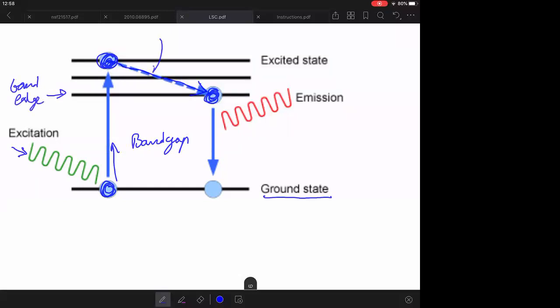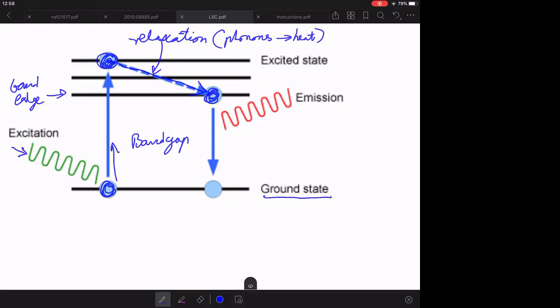Now this process is called a relaxation process, and it happens extremely fast. This is a quantum mechanical process where essentially energy is lost in the form of phonons, which is essentially a manifestation of heat into the rest of the host matrix or the crystal structure, if the molecule forms a crystalline structure.